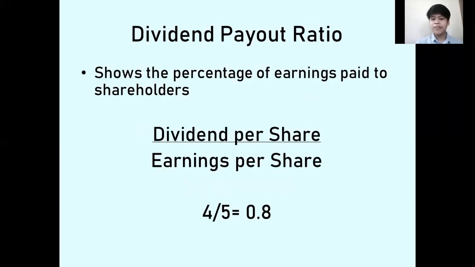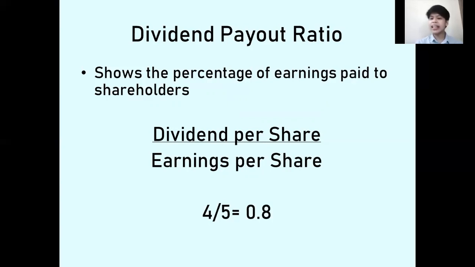And finally, we have dividend payout ratio. So the formula here is dividend per share divided by earnings per share. So yung dineclare ng company, 4 pesos. Yung maximum dividend that the company can declare is 5 pesos. So the dividend payout ratio is 0.8 or 80%.